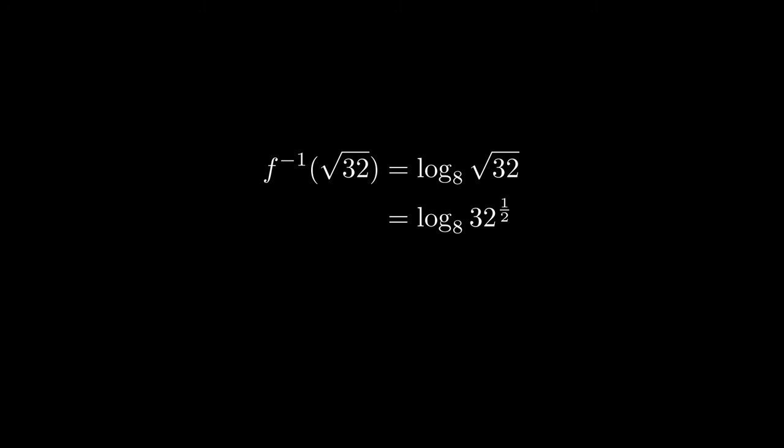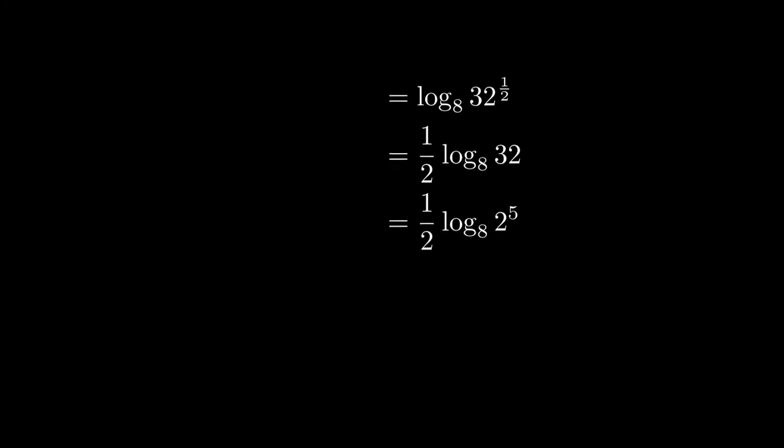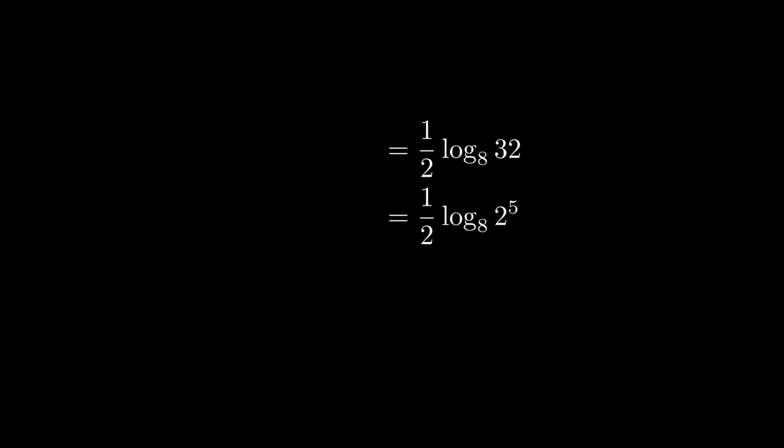Okay, first of all, we're going to use the rule where we can take the index out front, so that we have 1/2 out front now. Log 8 of 32. Let's rewrite the 32 as 2 to the power 5, and we pull the 5 out front. All right.